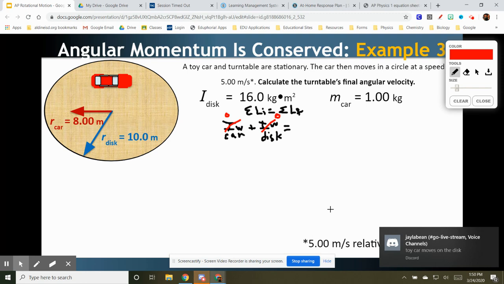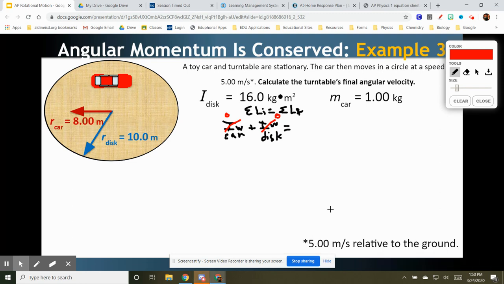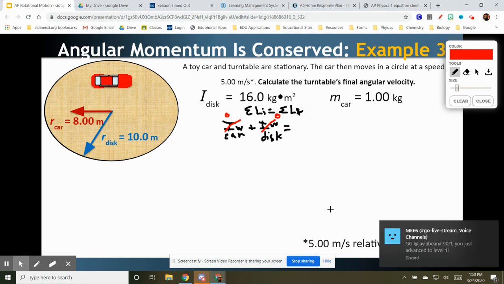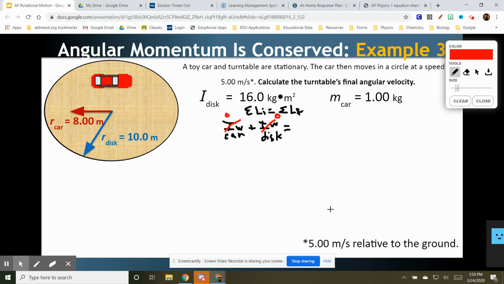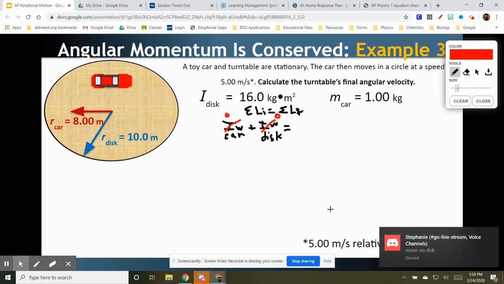Yes. So in this case, Gabriel, the car is going to move on the disc, so you can't put them together. Yes, Gabriel, we're getting there.